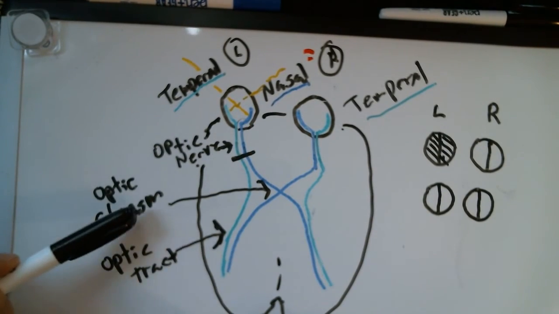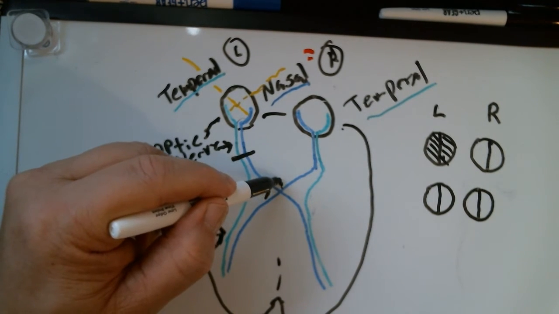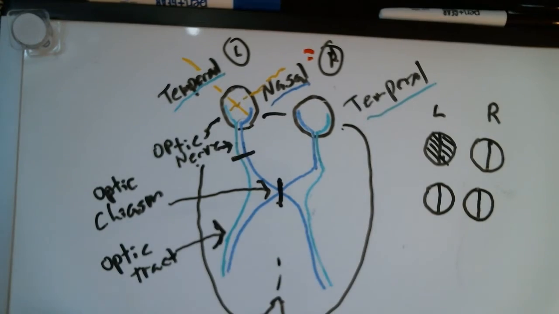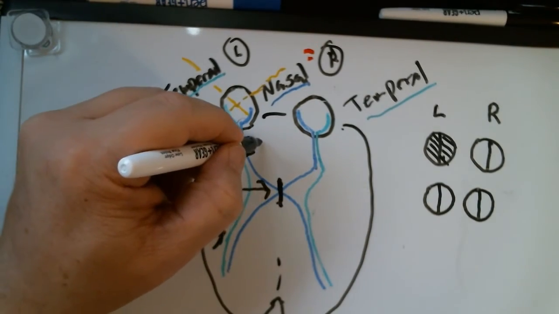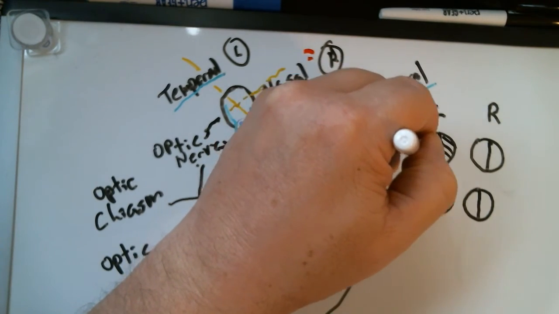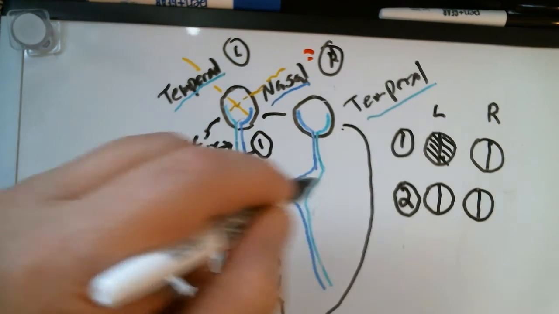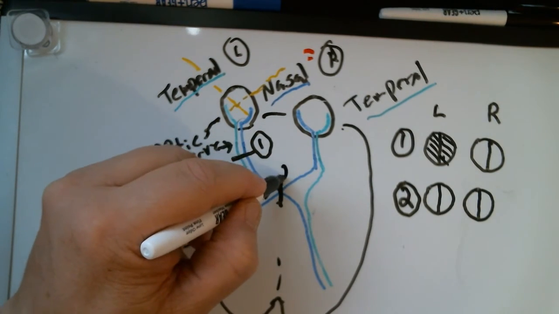Let's say you have a lesion here in the optic chiasm, right? So right there, we're going to call this 1. Now this here we're going to use over here is going to be 2.